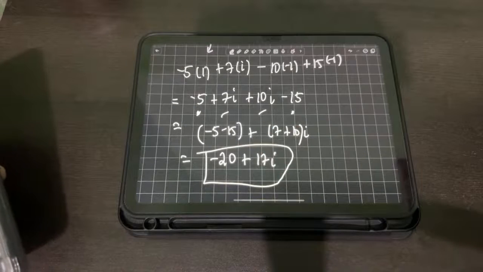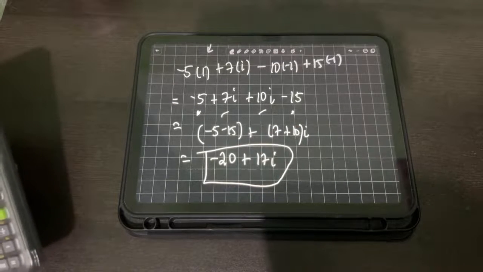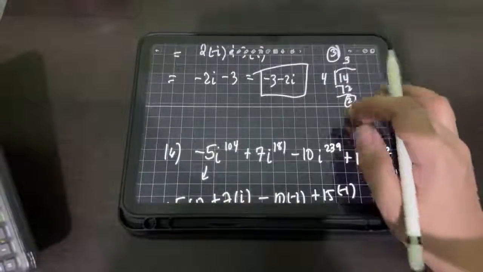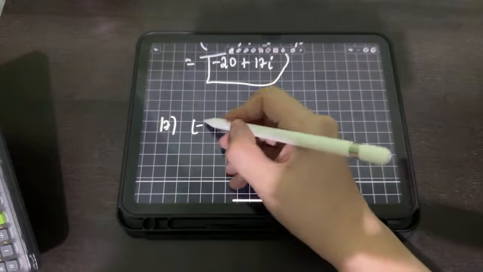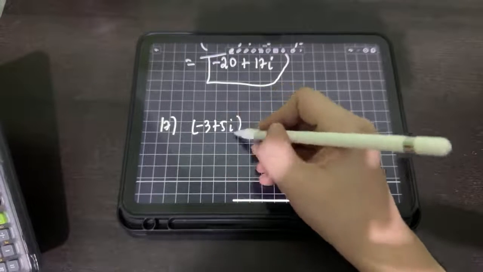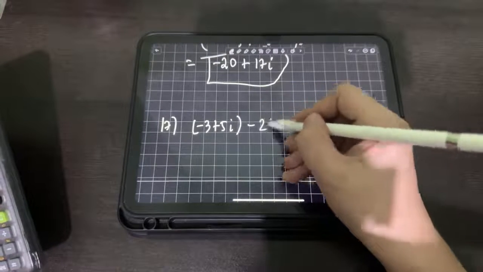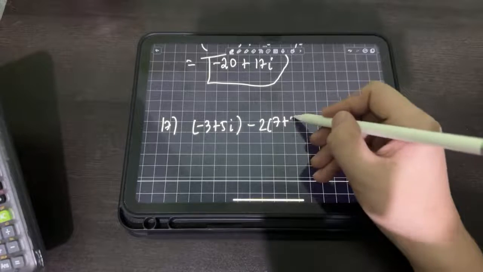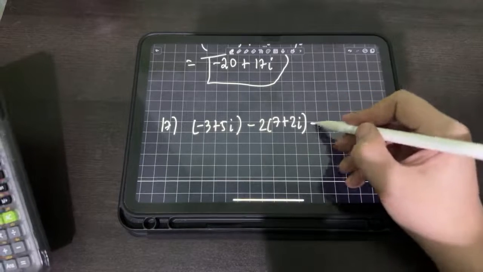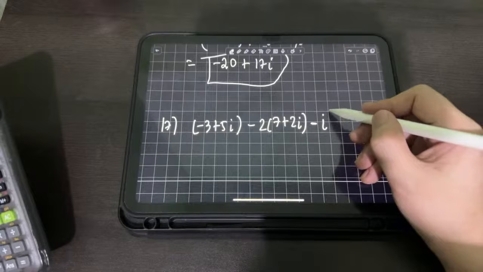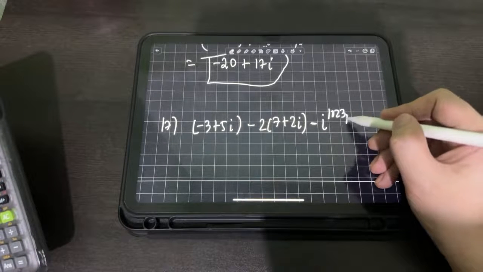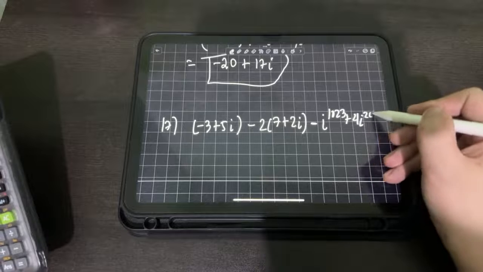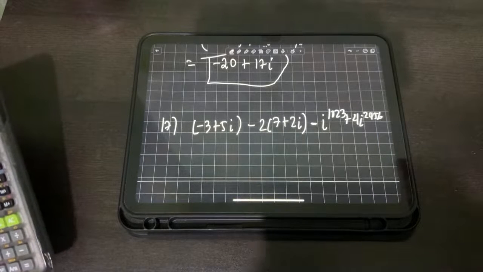Okay, next. 16, 17. What if negative 3 plus 5i minus 2 times 7 plus 2i minus i raised to 1023 plus 4i raised to 2456.